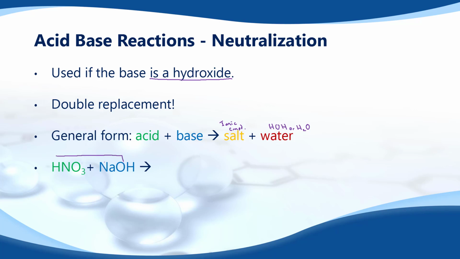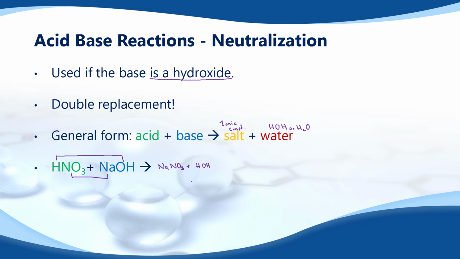If I look at the inner two, I'm going to have Na, my positive ions always written first, combining with NO3 minus. Na is plus 1, NO3 is minus 1. They just cancel out. And then I get H combining with OH minus. H is plus 1, OH is minus 1. They cancel out. We form HOH or H2O in this case.